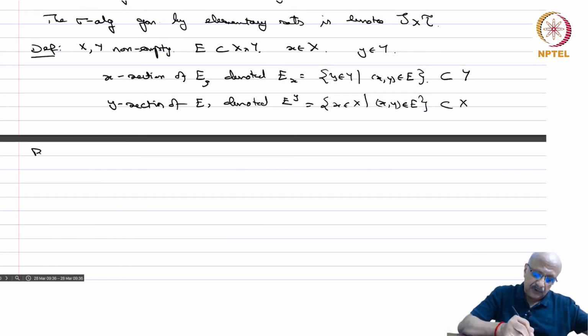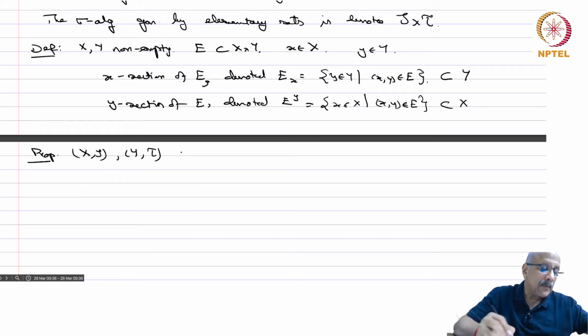So proposition. So this is a test for measurability. Let (X, S) and (Y, T) be measurable spaces, and E contained in X cross Y, E belongs to S cross T, the sigma algebra.